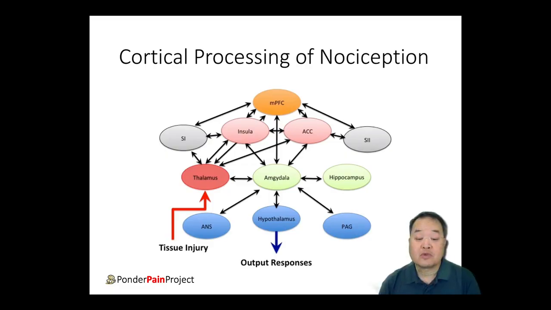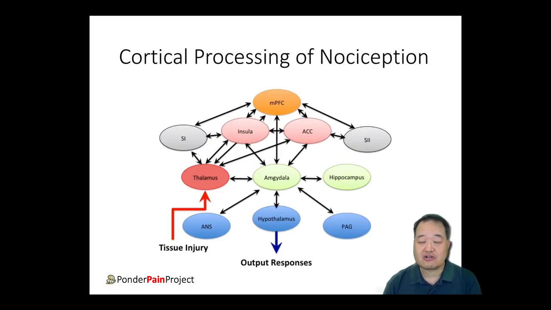Really the interesting thing that occurs, beyond the sensory input that goes to the primary somatosensory cortex and the secondary somatosensory cortex, is the activity that occurs in this hub of more inner structures of the brain: the insula, the anterior cingulate cortex, and the medial prefrontal cortex.